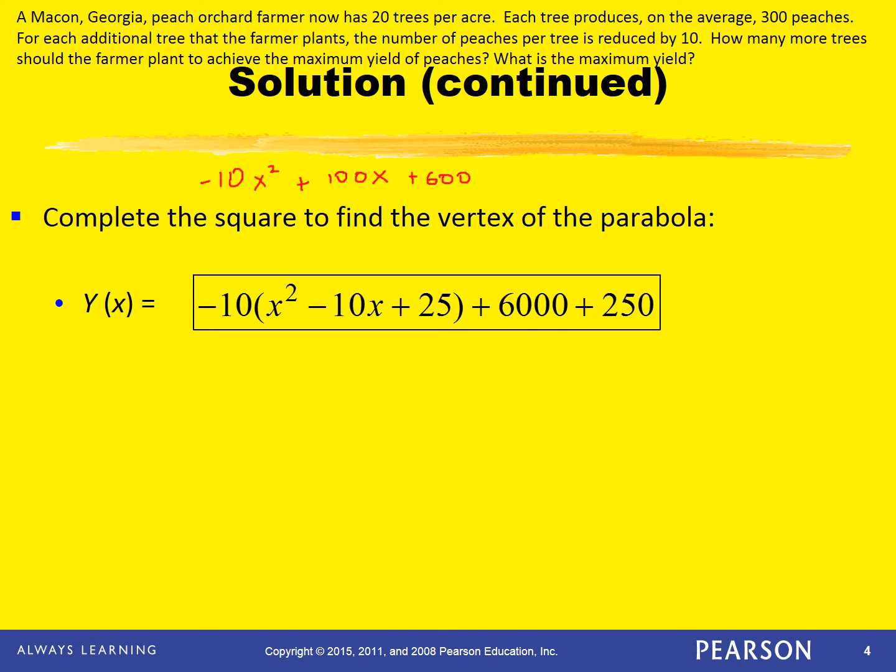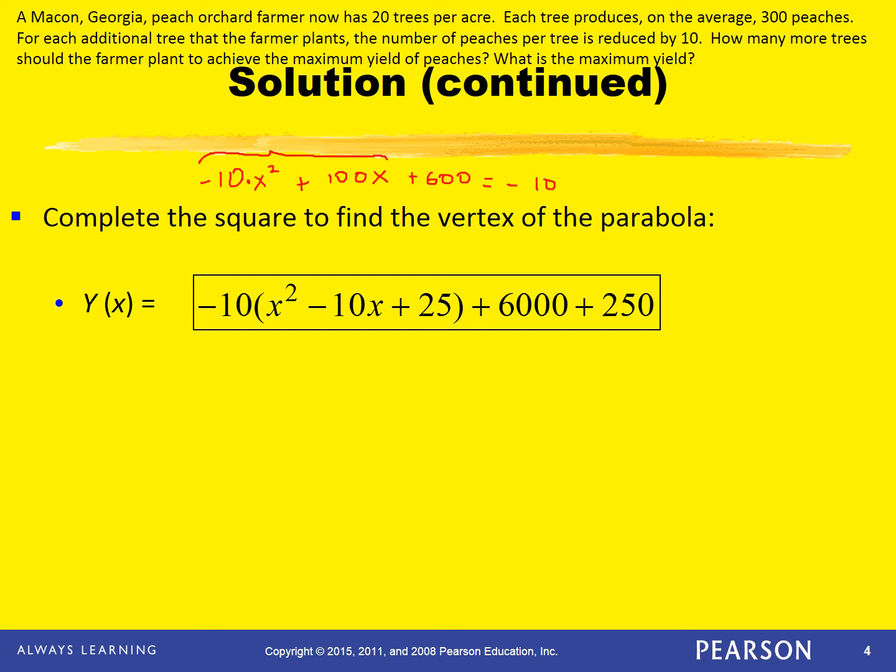To complete the square, of course, you have to have lead coefficient 1. And we have lead coefficient negative 10. So we're going to factor out a negative 10 out of the first two terms, if you remember the method of completing the square. So we're going to put this in vertex form, and then we'll be able to say what the vertex is.